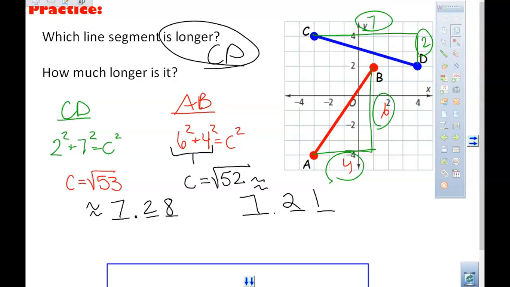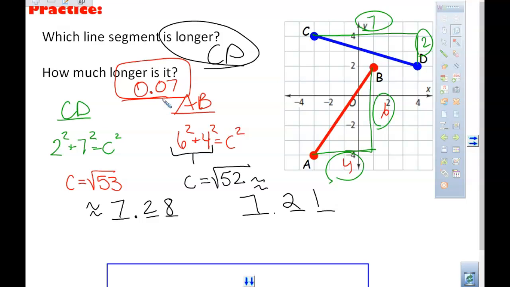If it's how much longer, I want to subtract those two. How much longer from 0.21 to 0.28? 0.07, right? If I subtract those two, 7 hundredths difference. Or what do I add to 21 hundredths to get 28? I add 0.07, okay?